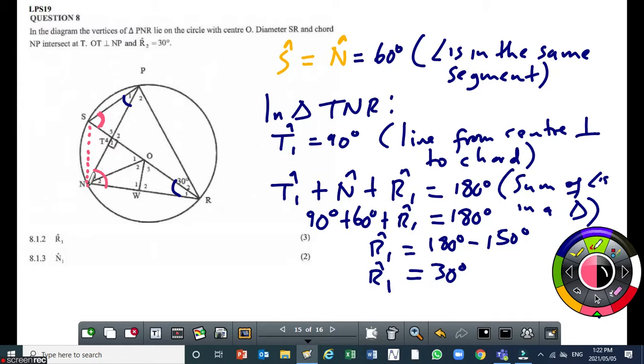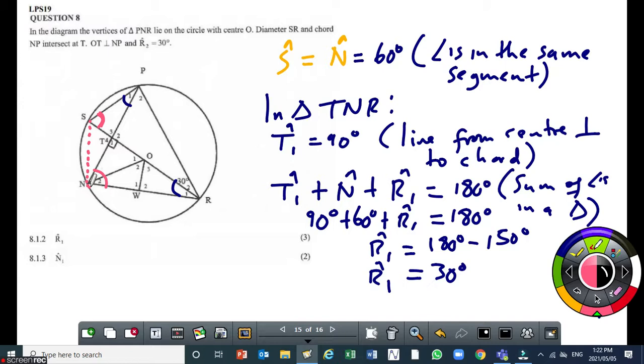Okay, listen. As you do circle geometry, you are going to realize that it's not always that the chord is drawn, like in the case of PR. But as long as there is a point on the circumference and another point on the circumference, it means there is a chord, but it's an invisible chord. If we don't want to explain in terms of the chord, we explain in terms of the arc.